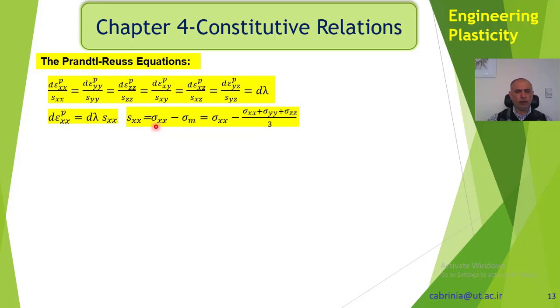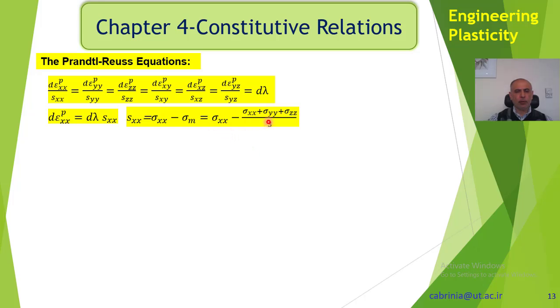Sxx is equal to sigma xx minus sigma m, and sigma m is the hydrostatic component of stress, which has no effect on the deviatoric stress, and it makes no difference with the yield loci, so it doesn't change the volume, so that's why we have the volume constancy.